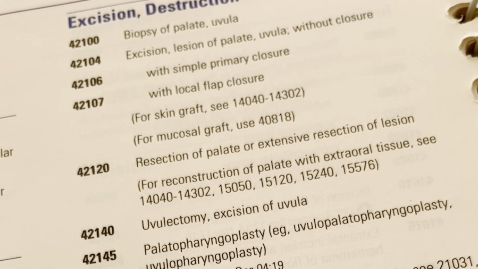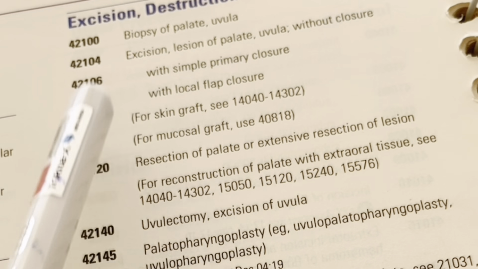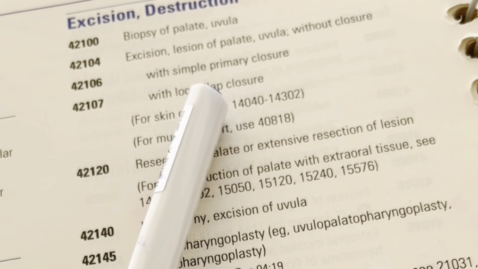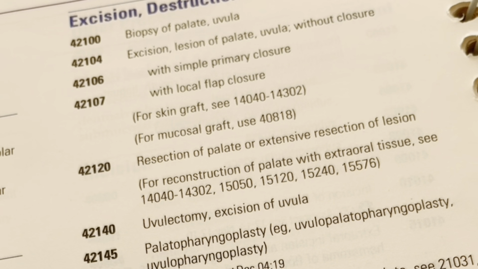So if you consider options A and C, only one code is different, 42106 and 42107. So is it local flap closure or simple primary closure? That you need to identify from the question. Then one more option is there, 42842 and 42140.